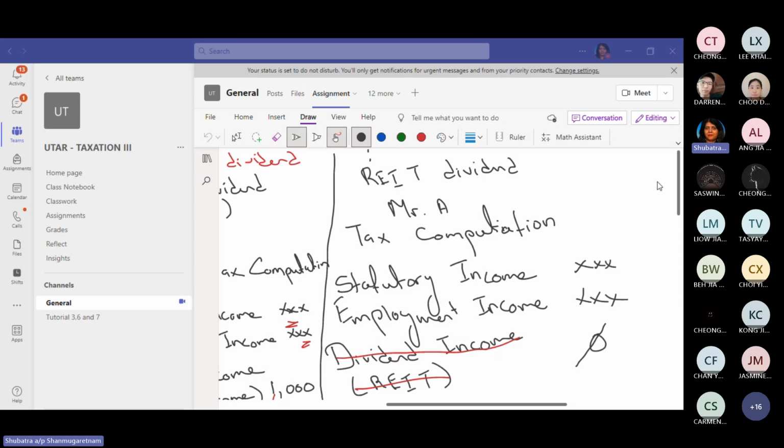Look at question 2. Yesterday, you and your tax principal participated in a conference call with a senior management of Planet Sdn Bhd, an investment holding company.